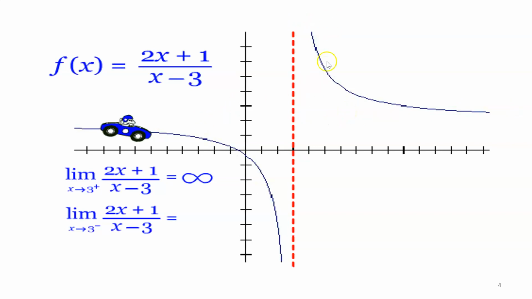Satu belah sini, satu belah sini, because you have bentuk macam ni. Your function is macam ni, that's why you have this graph. Okay, and then what is this red line over here? This line is what we call as asymptote. Ni yang kita panggil sebagai vertical asymptote.